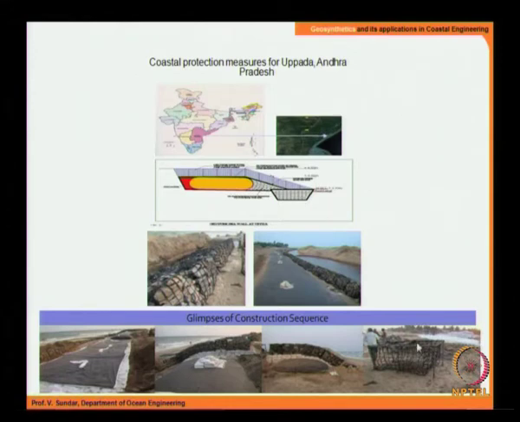You have the geotextile here running all the way, which is shown here, and over which you have the geotube, and over that we have placed the geobags, and over that have the gabions. This has proved to be very good, and it is quite successful, and we are likely to continue with this project. This has already been done for about half a kilometer, and an additional stretch of the coast is likely to be protected in this fashion.